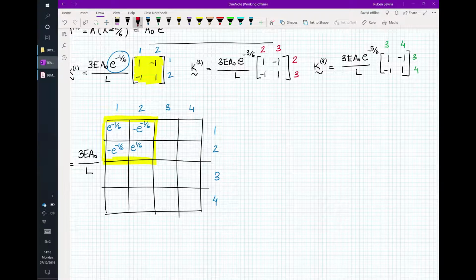Now I go for the second element. The second element has, as I said, global nodes 2 and 3. So what I have is another contribution here, another contribution to the position 2, 2. And then minus here, and plus here. So let's use another color.